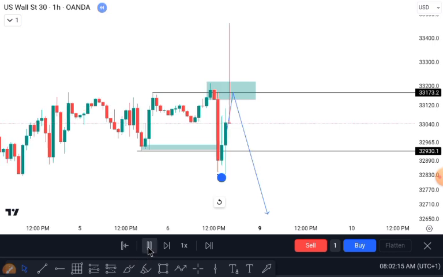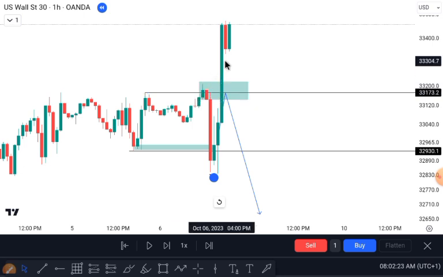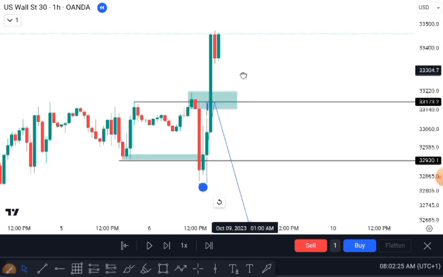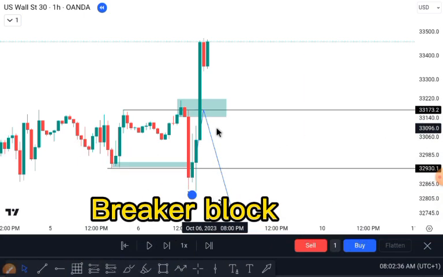You see that price broke through it. So this other block didn't hold, so it is now a failed other block, and price has made another high. At this point we start seeing this failed other block and the candle that broke through it as what we call a breaker block. Do you understand?